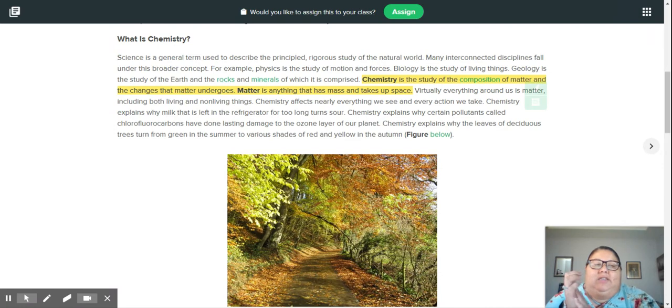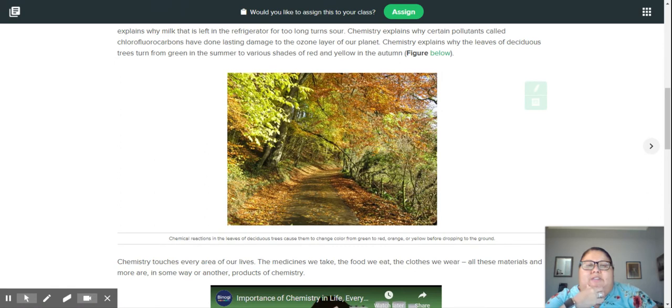Chemistry explains why the leaves of deciduous trees turn from green in the summer to various shades of red, yellow, and orange in the fall or autumn. So here you have a picture. You have different colors of trees. Some leaves are green, some are already red or orange or even yellow. And look, that green is different than this green. This green is super green, and this one's like yellow green.